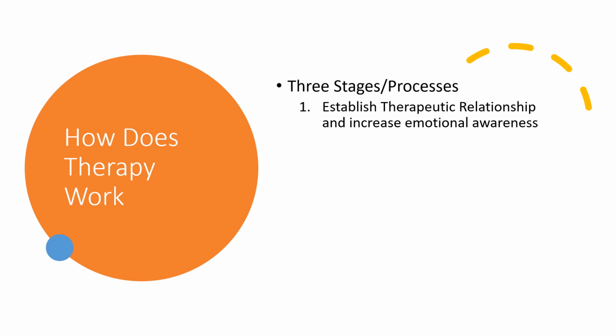The first part of any good therapy is establishing a good therapeutic relationship. And this is no different in EFT than in other therapies. We're going to agree on goals and tasks. We're going to establish a warm bond, a connection with our clients. We're going to validate their experiences. We're going to be emotionally present.